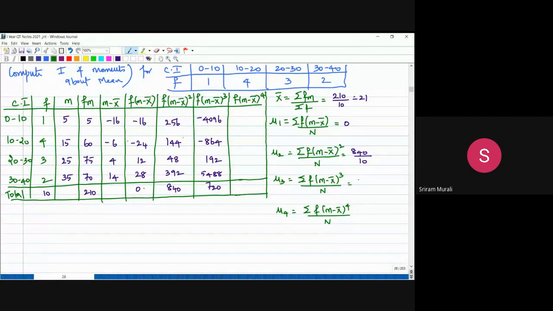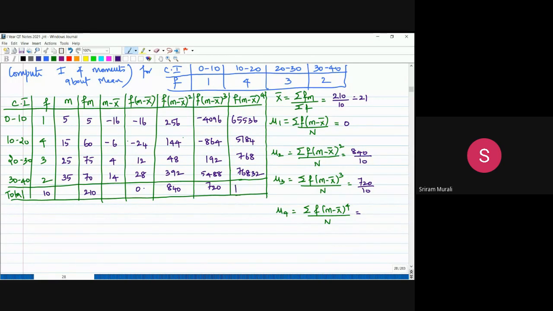So this is equal to 720 divided by 10. What is this whole power 4? 65536, I mean 16 power 4 into 1. Then minus 6 the whole power 4 into 4, 5184. Whereas this is 4 power 4 into 3. Last one, 14 power 4 into 2.